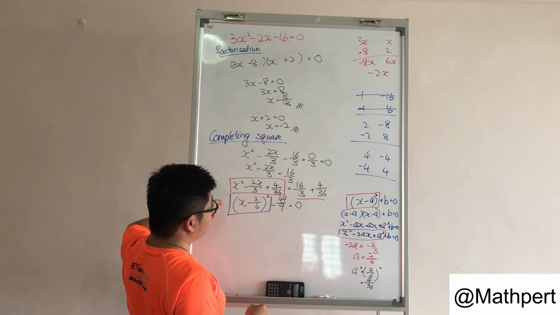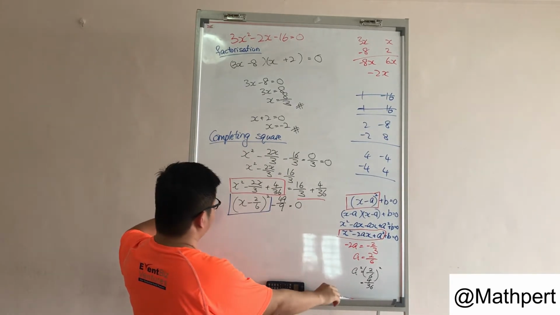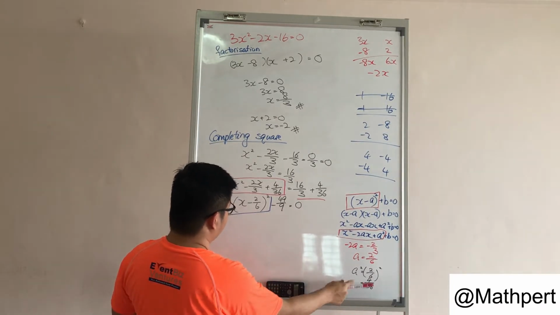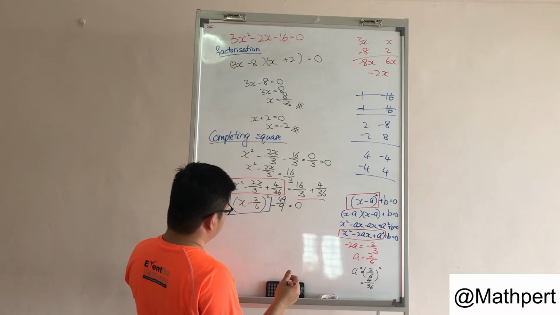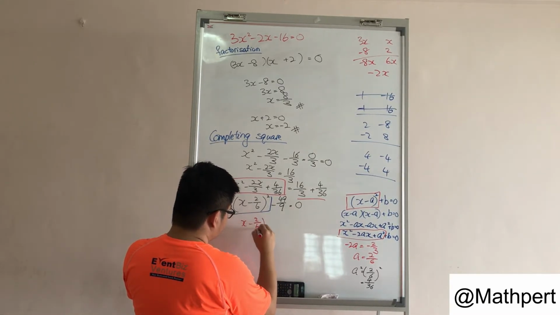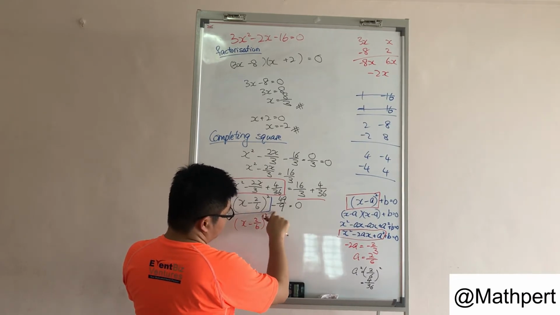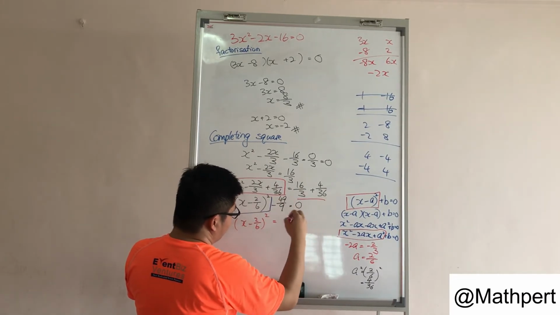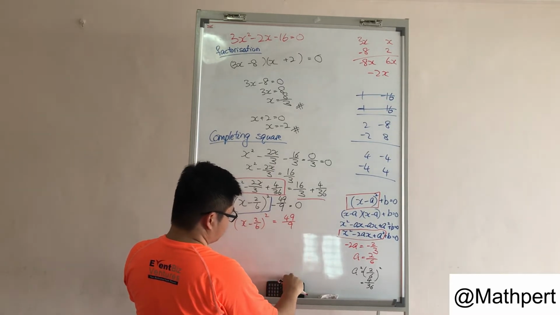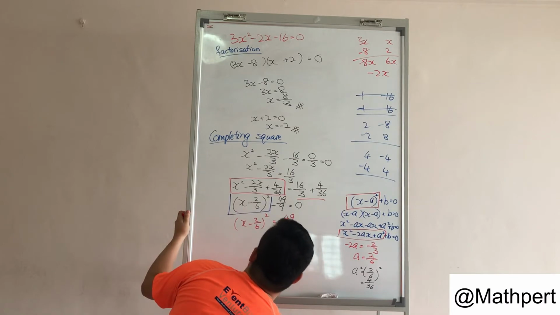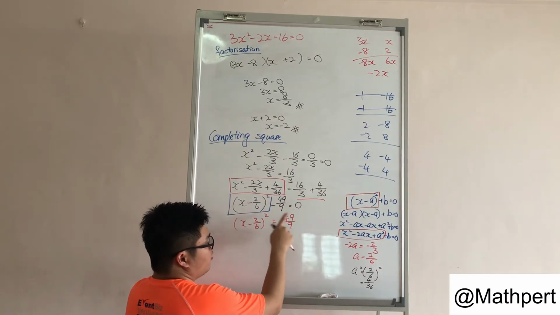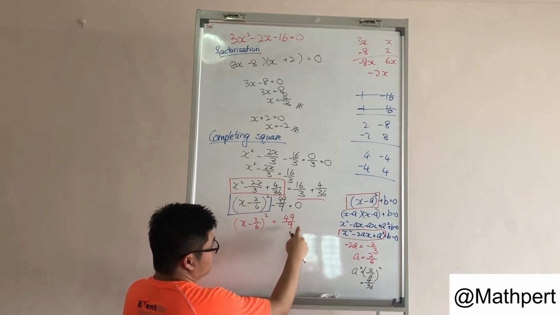And now we solve, we find the roots for this. So it will become x minus 2 over 6, squared, equals this, we move it to the right hand side, 49 over 9. So the square moves to the other side and becomes a square root.